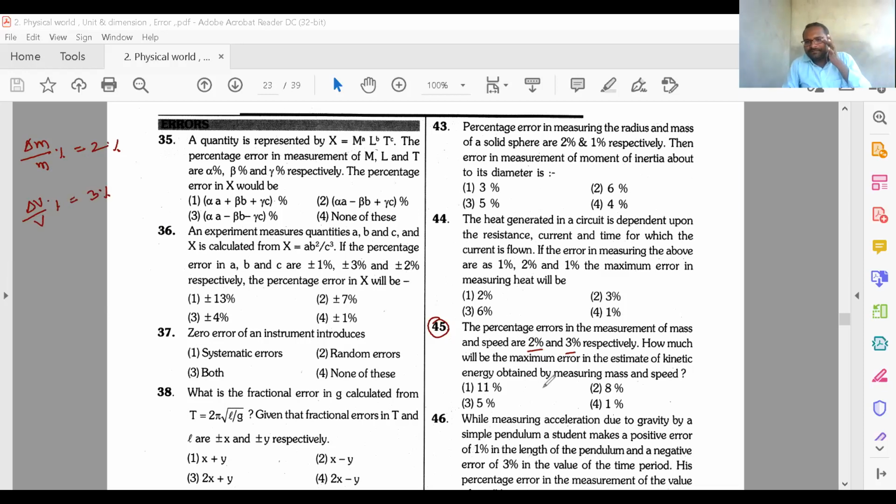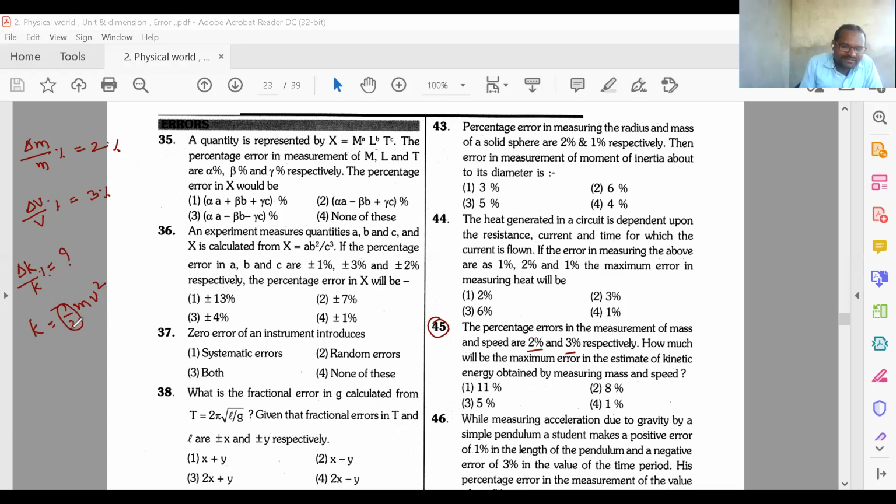These two they have given. How much will be the maximum error in the estimation of kinetic energy obtained by measuring the mass and speed? So kinetic energy percentage error they are asking. We know kinetic energy is half m v square. This half is a number, no need to consider.